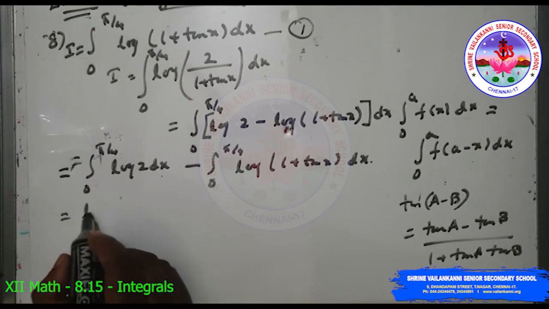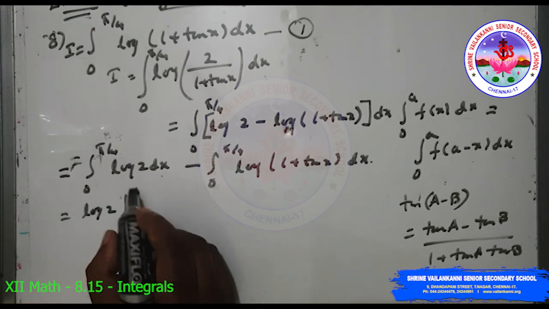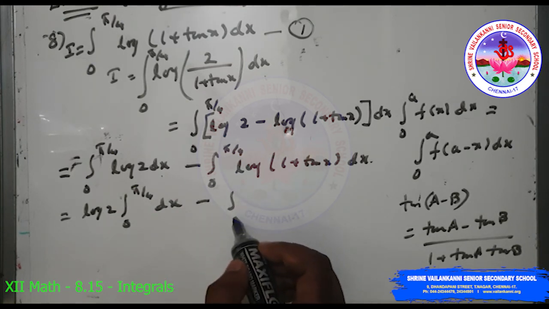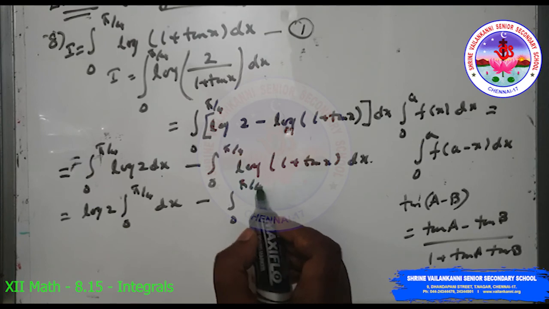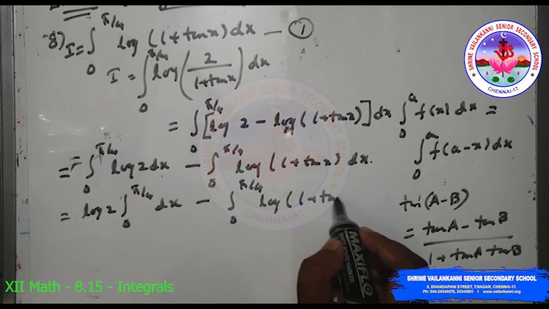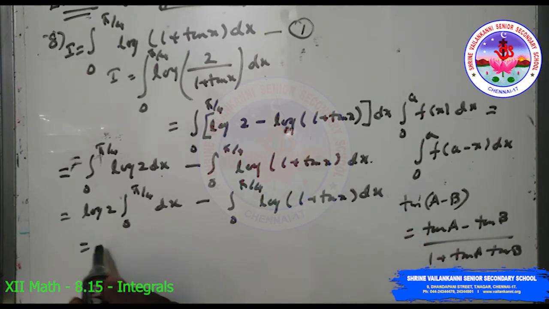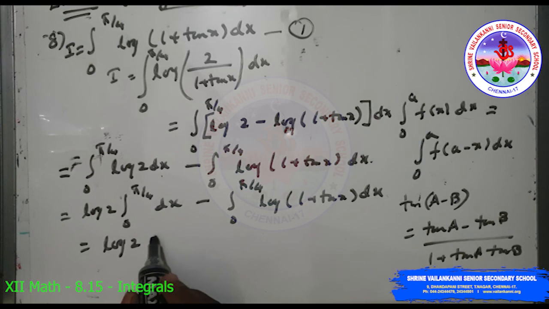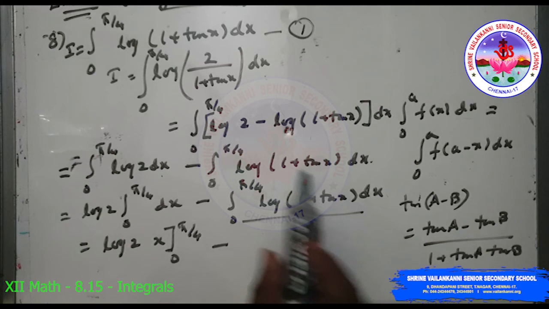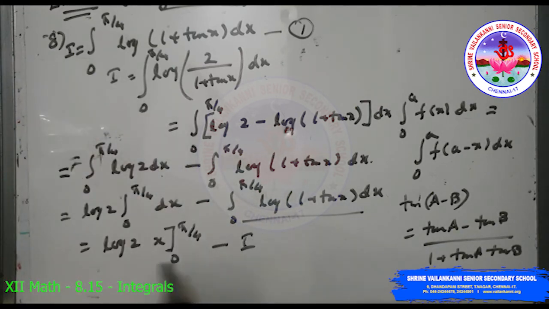So which is equal to log 2 integral 0 to pi by 4 dx minus integral 0 to pi by 4 log 1 plus tan x dx. So which is equal to log 2, integrating this we get x from 0 to pi by 4, minus, here integral of log of 1 plus tan x dx is I. So writing this as I, this is also I. So log 2 x from 0 to pi by 4, applying the limits.